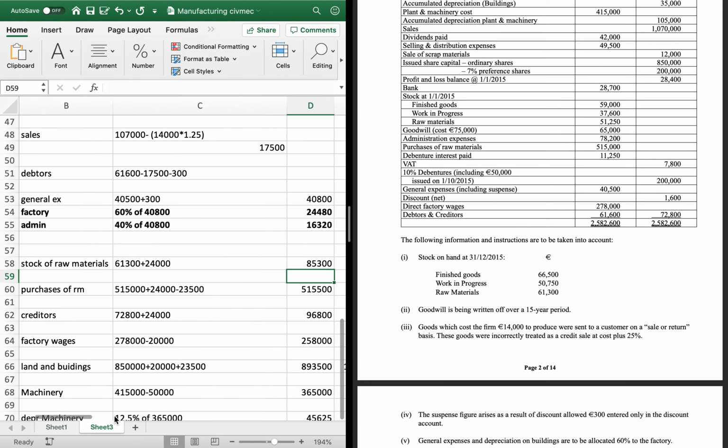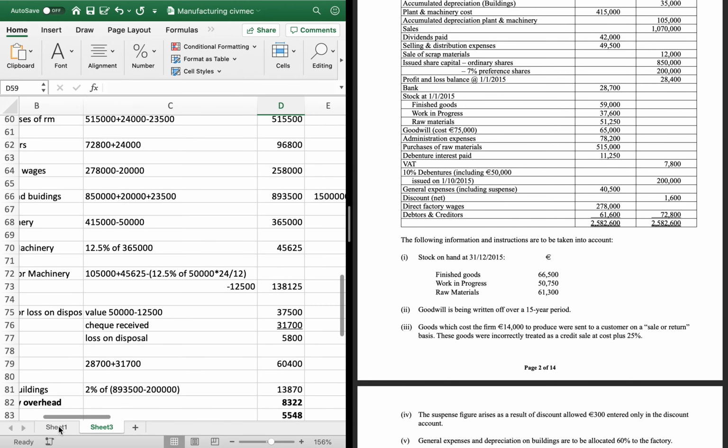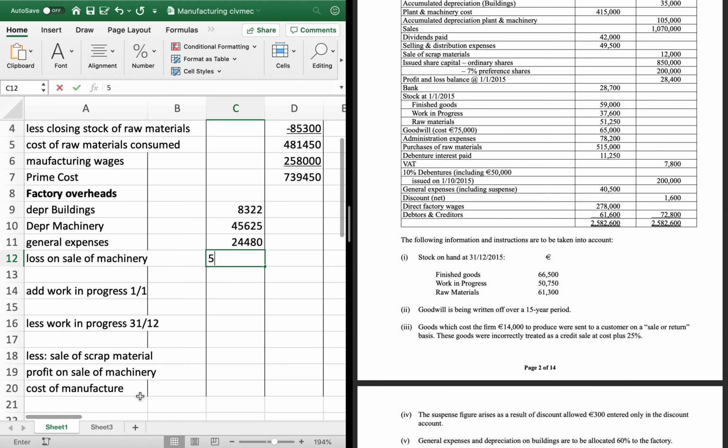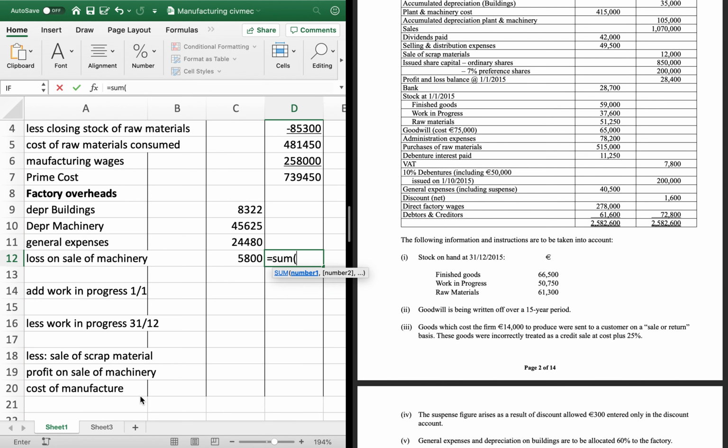And then my loss on the sale is 5.8. Okay, so if I add them up, we get 84,227.